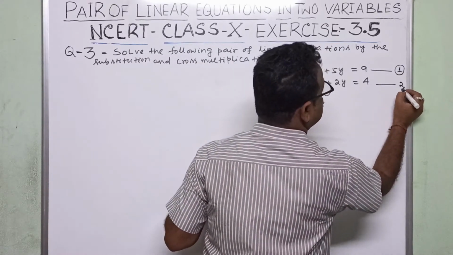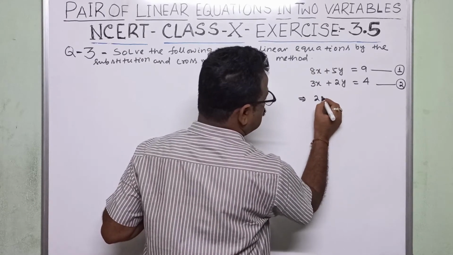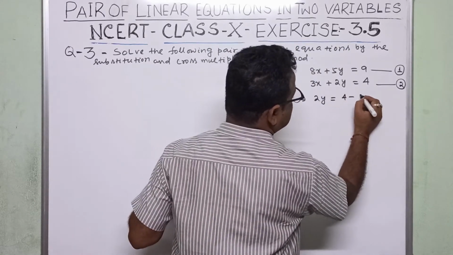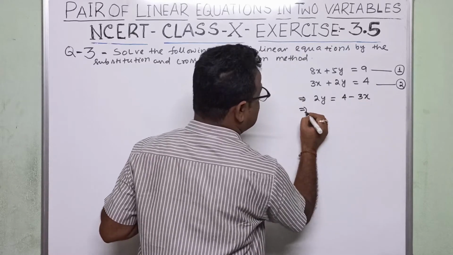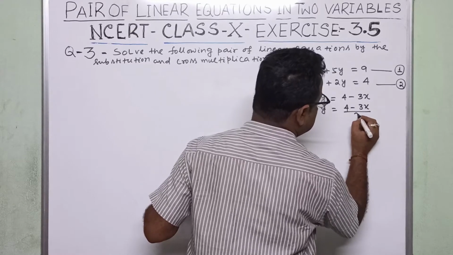Now here, equation 2 implies 2y is equal to 4 minus 3x. That implies y is equal to (4 minus 3x) by 2.